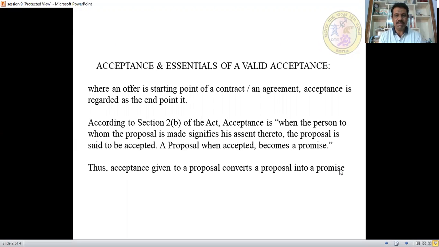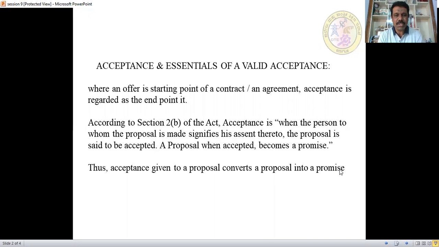In the first discussion itself, I had told that the Contract Act comes into the picture when there are promises made by the parties. Once the proposal is accepted, it becomes a promise, and there start the implications of the Contract Act.